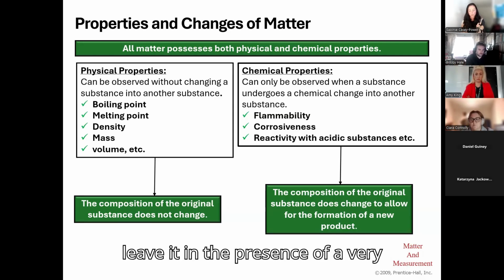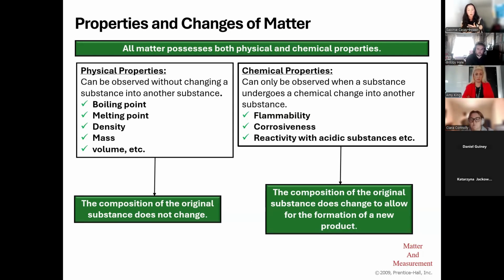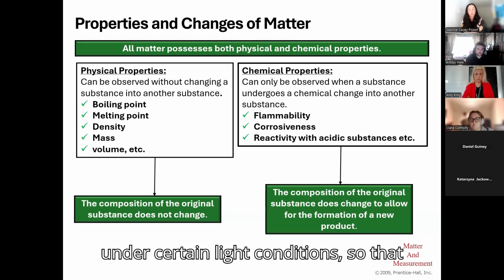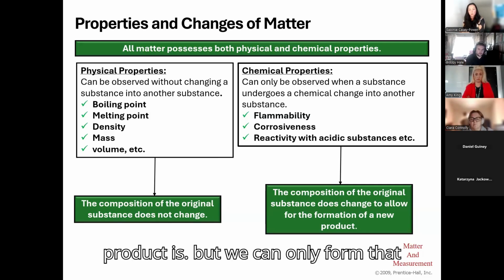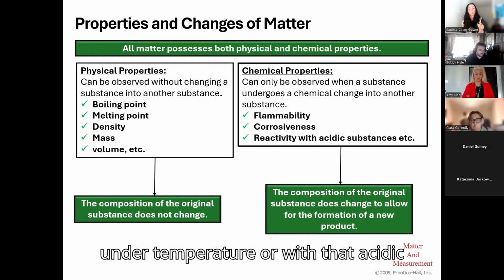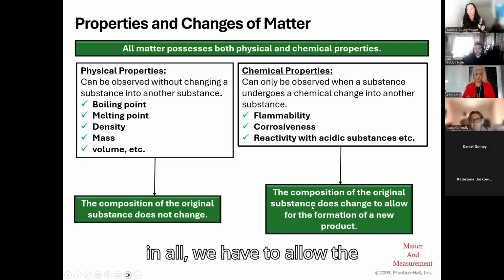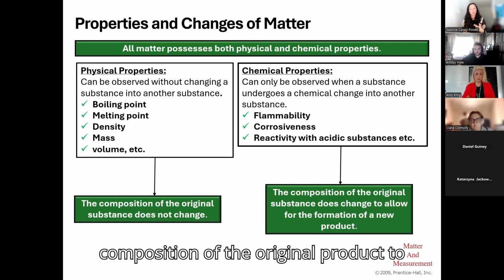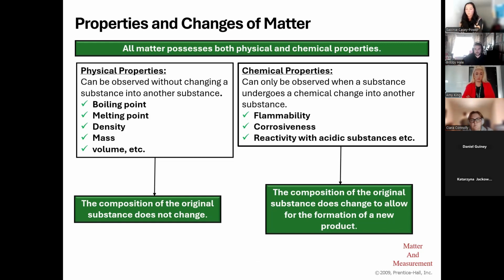We have to leave it in the presence of a very corrosive acid, a very corrosive base, under certain light conditions, so that we can see what the potential degradation product is. But we can only form that degradation product once it reacts under temperature or with that acidic substance or that basic substance. So all in all, we have to allow the composition of the original product to change in order to form a new product. Okay.